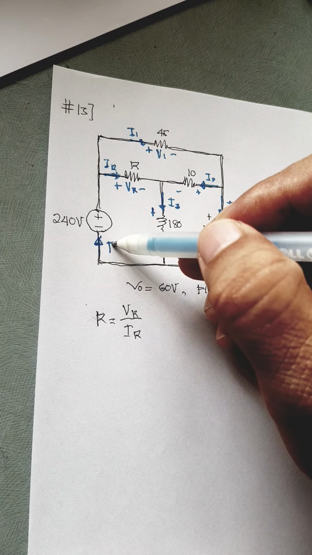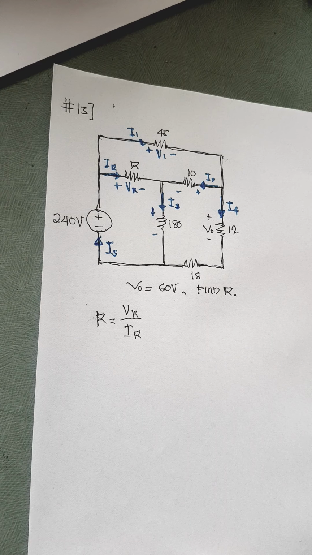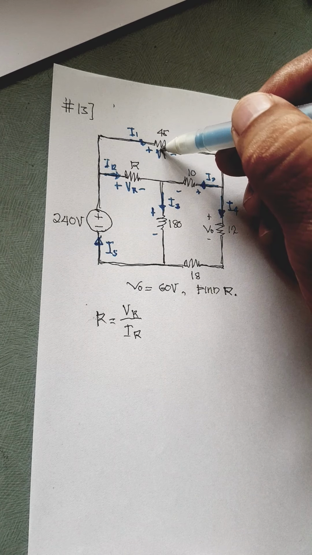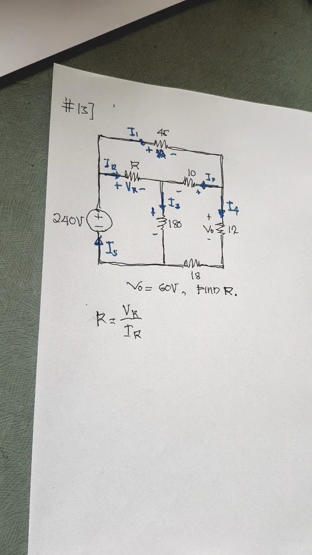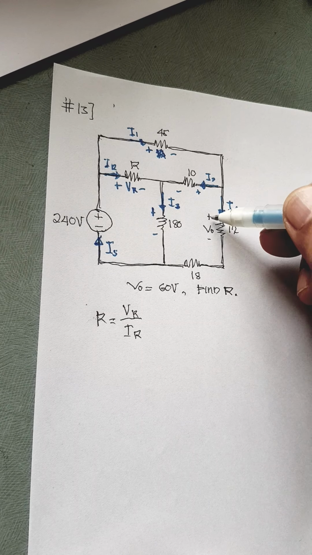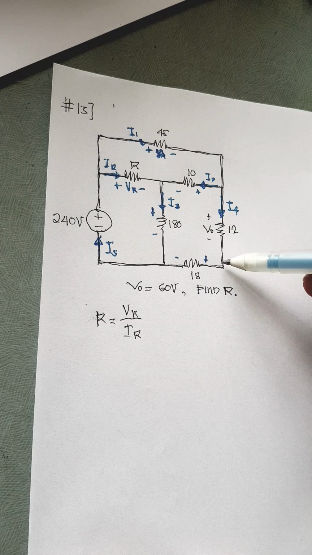So let us call this IS. Okay, let us not call this V1. Let us just call that the voltage across 45. If this is plus minus, therefore this should also be plus minus because the current direction is going towards the left.